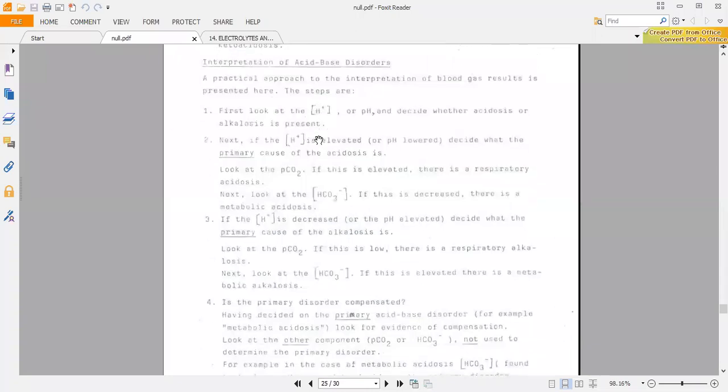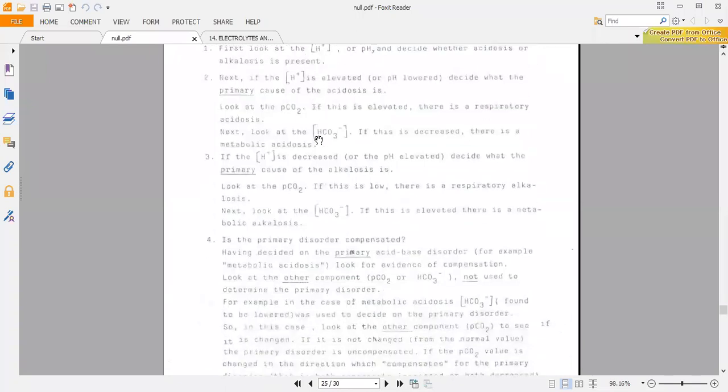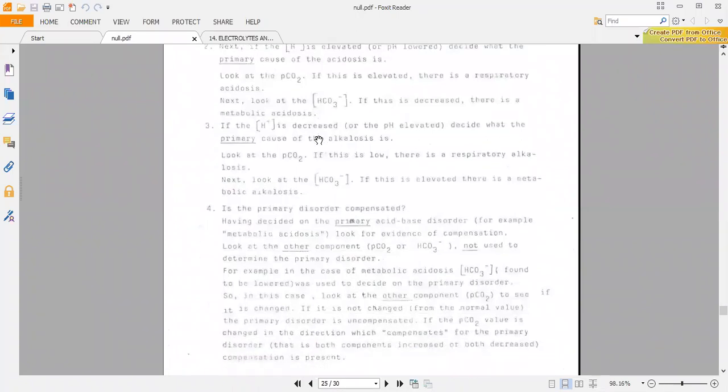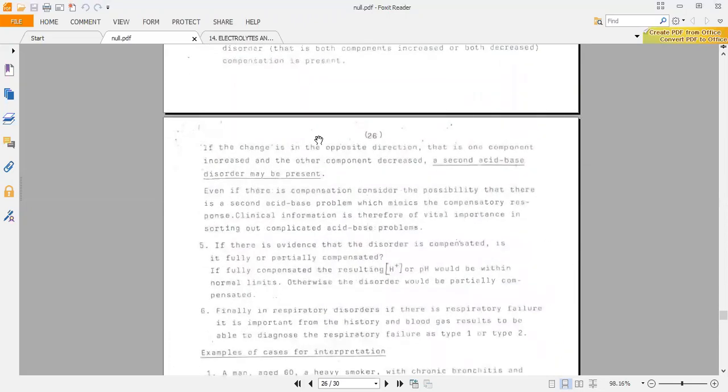Then the next thing you do is to find out if there has been compensation or not. As I said, for most of them, the compensation can be full compensation or partial compensation.